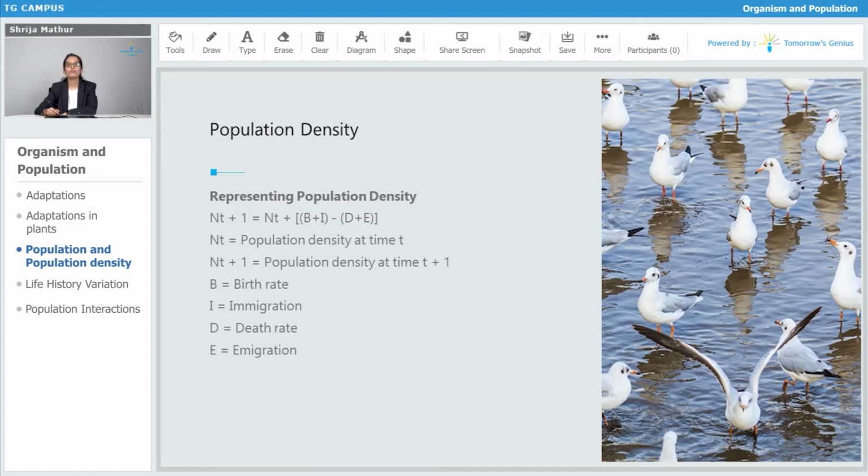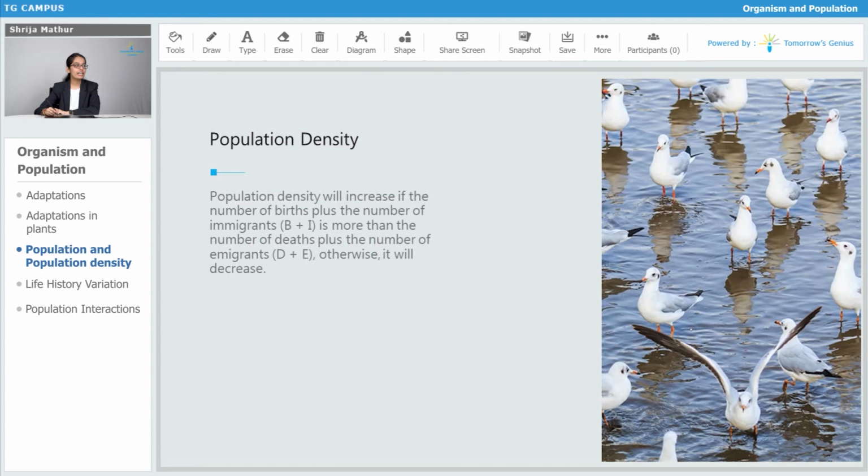So the formula is N t plus 1 equals N t plus B plus I minus D plus E. That is, the total number of individuals born or who have come into that habitat, minus the number of individuals who have died or who have gone from that habitat.